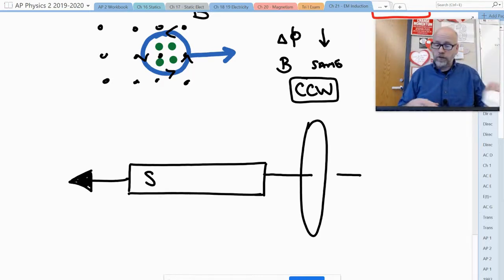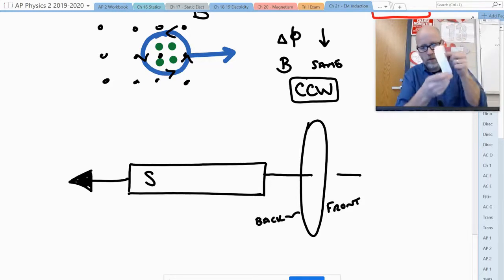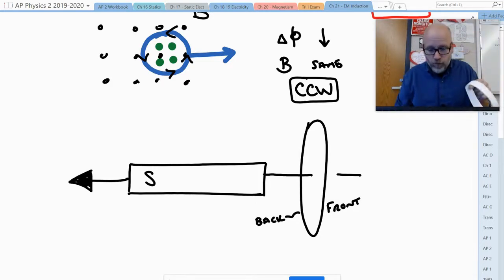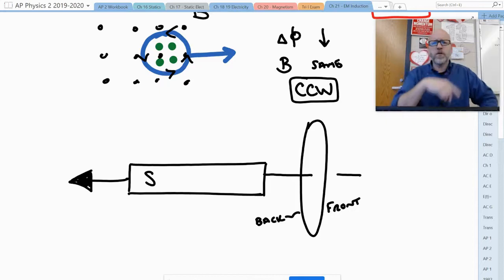Now it's difficult to understand the perspective. Now this loop, this edge is the front edge, and this one is the back edge of the loop. It's like this. I know that because of the way the line is drawn through it. Some of you artistically challenged people are going to have a little trouble with that, but not you guys.